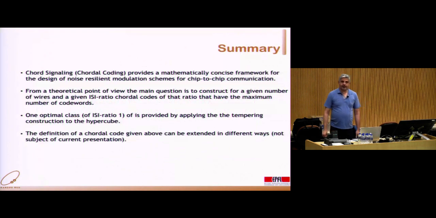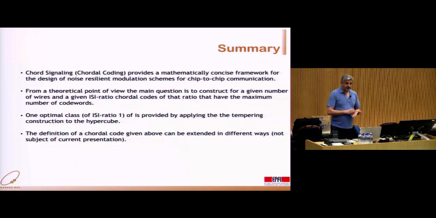OK, so here's a summary of the theory part. I didn't talk about all the constructions that you can have and so on. But it does provide you a mathematical framework, a concrete framework for the design of coding schemes across multiple wires. If you look at it theoretically, you want to find the best ISI ratio for a given number of wires and a given number of code words.